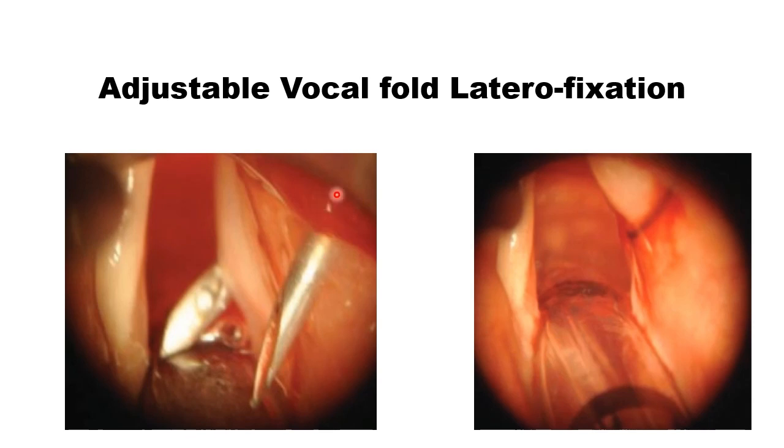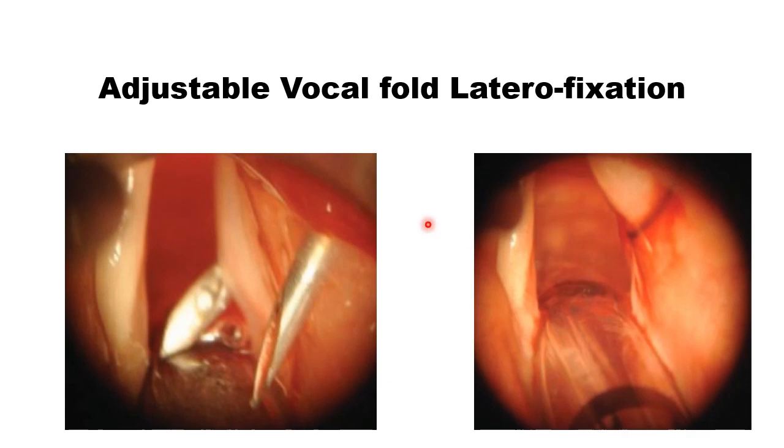And then a needle with a suture line can be passed through one of the trocars and retrieved to push into the other trocar, and the suture line can be tied on the skin of the neck and can be adjusted to bring about adequate lateralization of the vocal fold and a satisfactory airway.